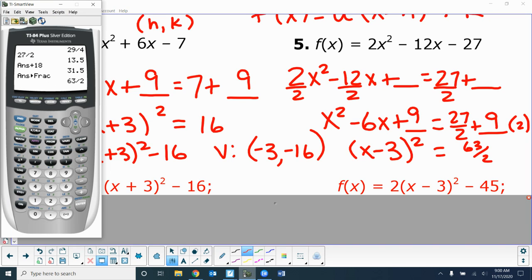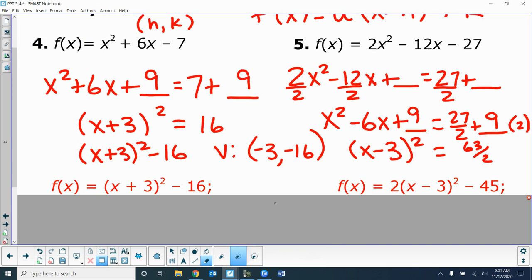So I think I did an extra step that I shouldn't have done. If I do 27 halves plus 9, I think it's 45 halves, isn't it? 27 halves plus 9, and then hit, not seconds, sorry, math fraction. Yeah, it'd be 45 halves. So I did that prematurely on the 2.